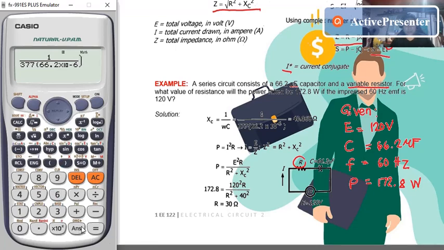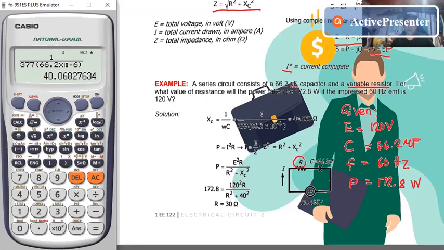I placed the parentheses at the bottom, so it should be closed. So we have 40.068 ohms.